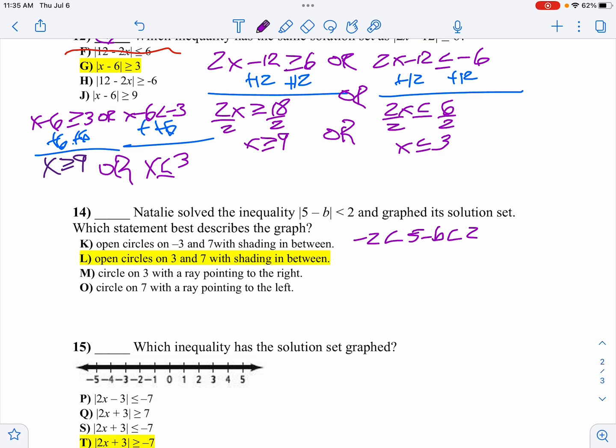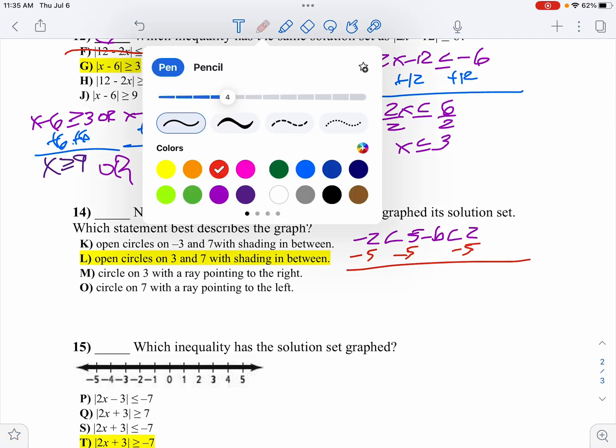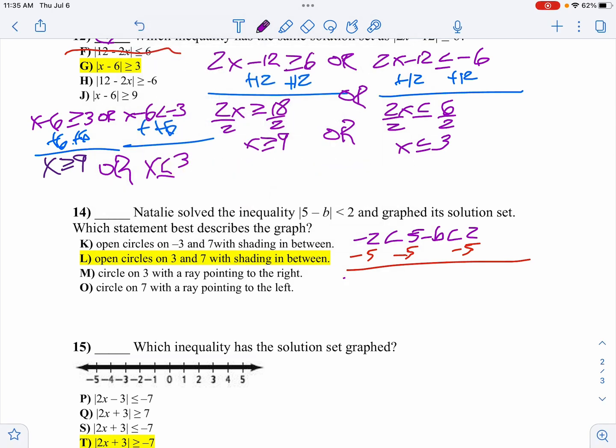Now let's subtract 5 from my middle, my left, and my right. So I'll get negative 7 is less than negative b, which is less than negative 3.